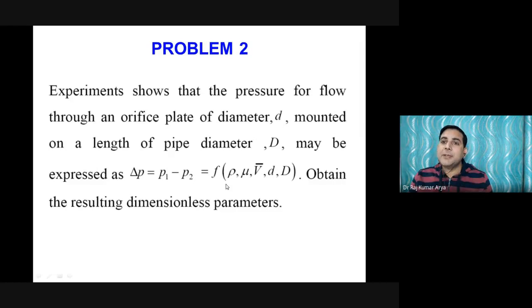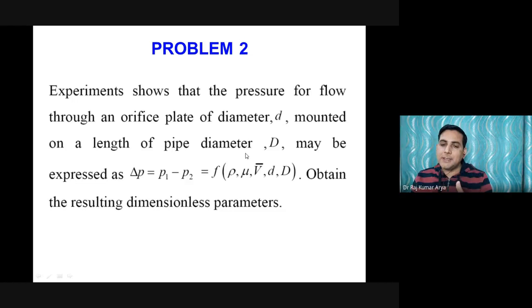So if in your case there is an orifice, and you think of more parameters, there would be no harm, but if you think of fewer parameters then you are in trouble. So whenever you have open-ended problems, think of as many variables as you can; nothing would go wrong that way. But if you think of fewer, okay, I am taking only two parameters, then you are making a mistake.